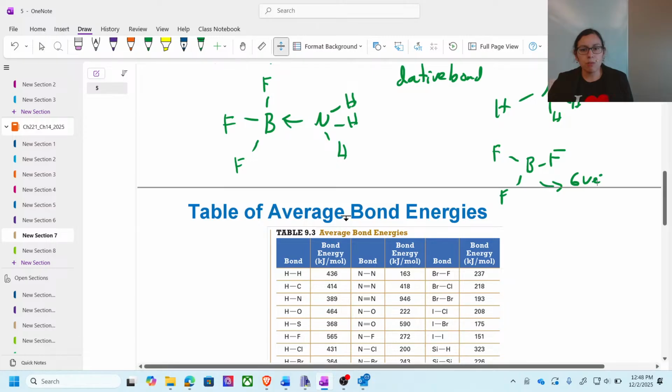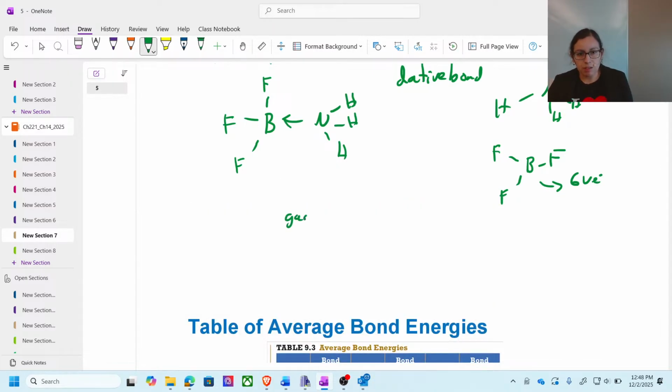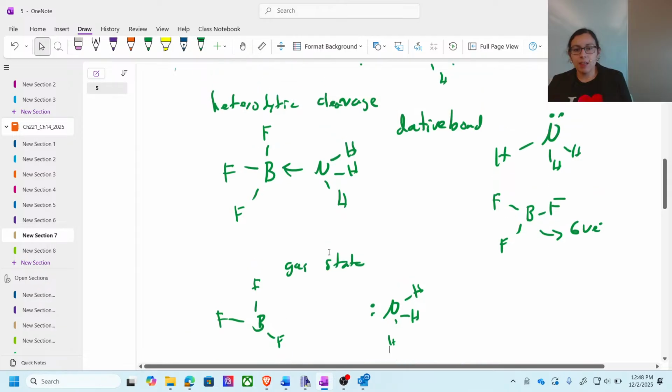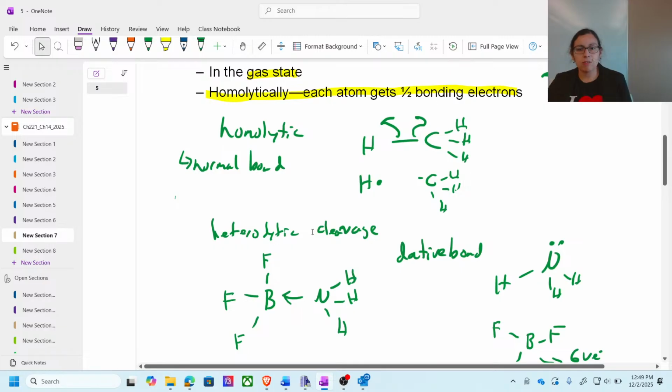So when you cleave it in the gas state, it would break heterolytically such that boron would get none of those electrons, and nitrogen would get those 2 back. But like I mentioned, that's a weird bonding scenario, so we generally see it only with these nitrogen boron adducts or other analogous structures.